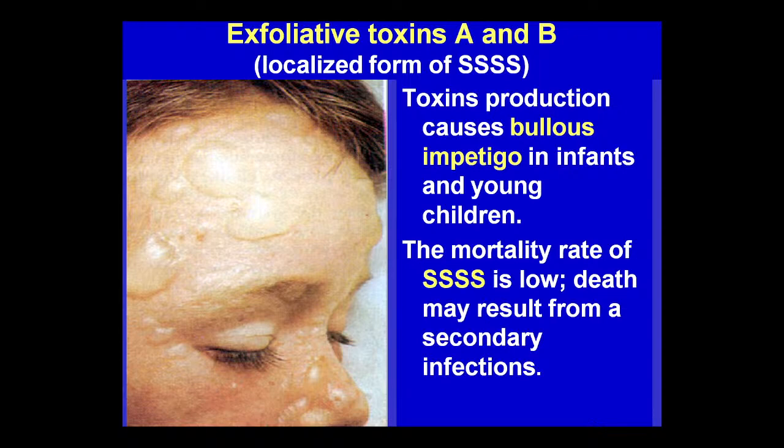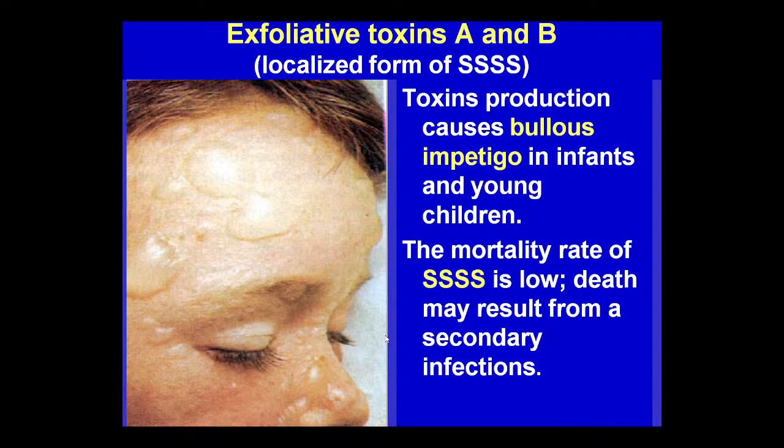And here you can see the localized form of the scalded skin syndrome toxin, and this is called bullous impetigo. Usually it is seen in children not older than 5 years.